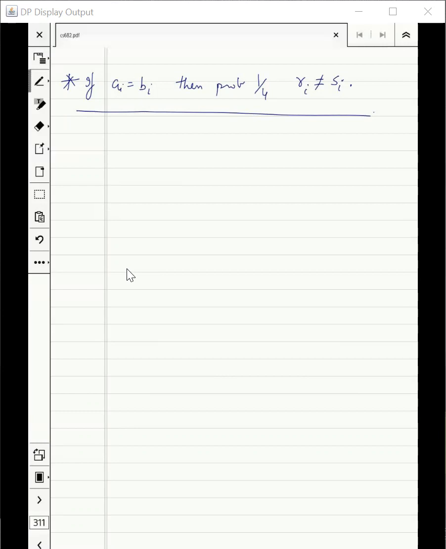What can we do with this anomalous behavior? You can check the Ri's, that's our secret key. How will we check? Can we send it multiple times? What does that mean? Sorry. The probability is 1/4, so that is a very small probability, in order to find out whether Ri is not equal to Si.